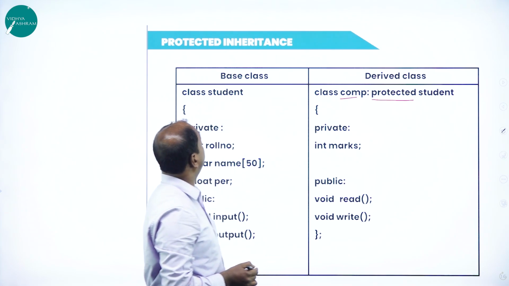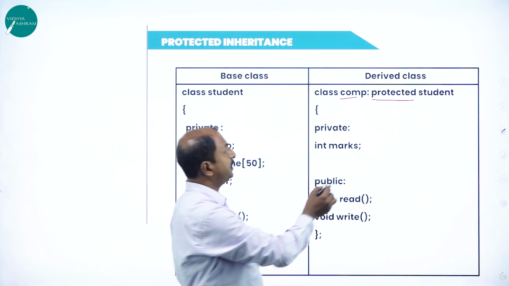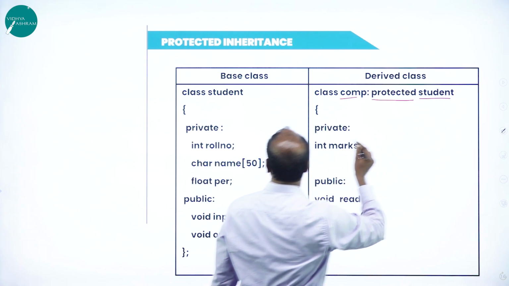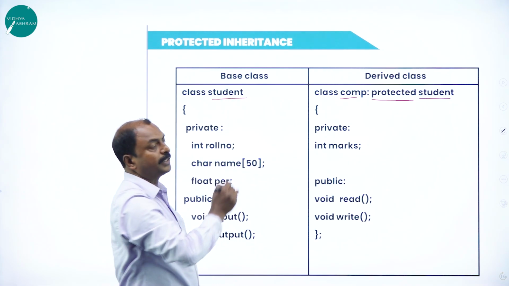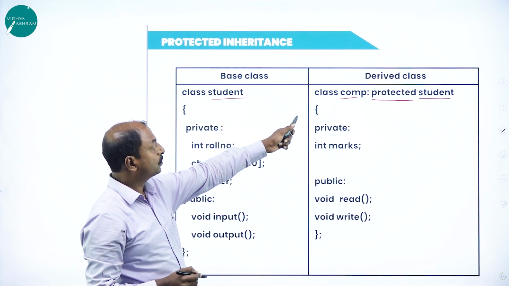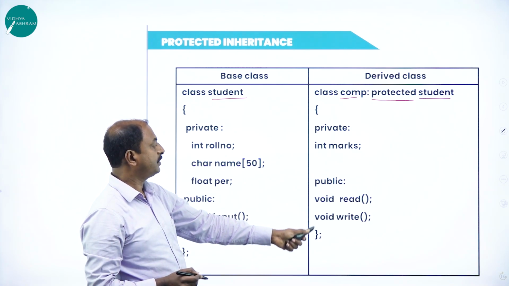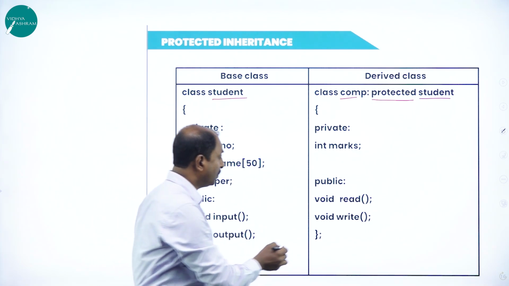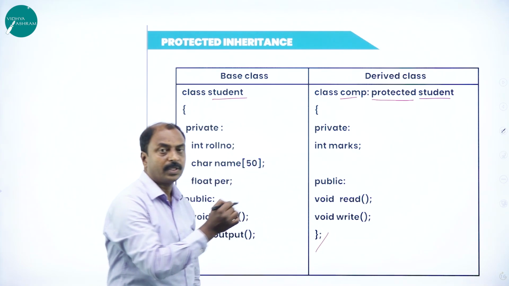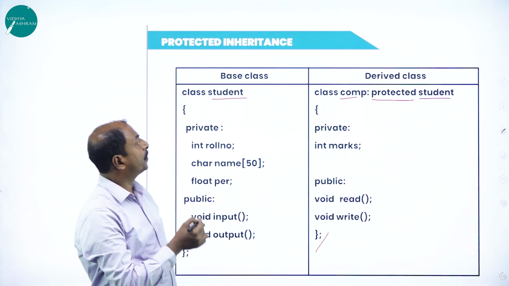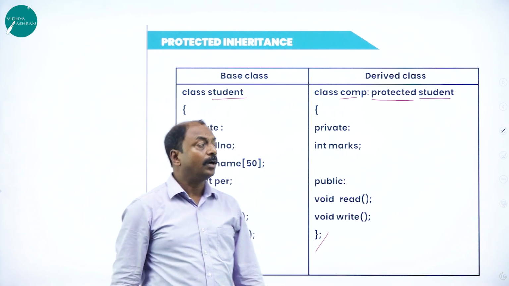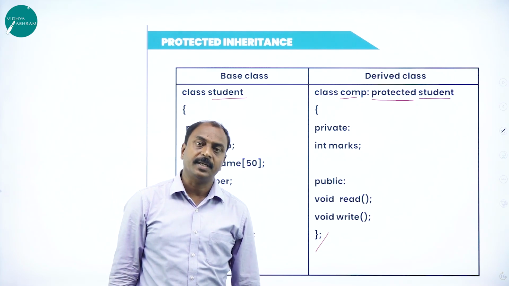So it is protected inheritance. Student is the base class, the same one we used earlier. It has its own private members as well as public data members, and it also ends with a semicolon. So this is protected inheritance.